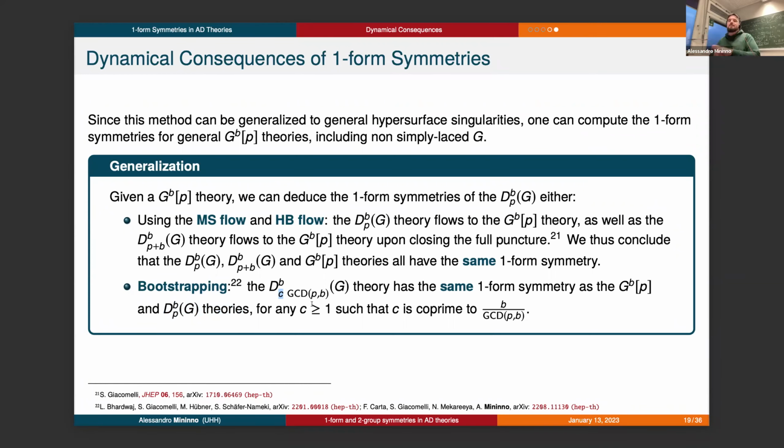And this is the last part of my talk, and I will discuss it later better. But using the fact that the one-form symmetry is invariant under Higgs branch flow, you can find a one-form symmetry for all these possible theories.